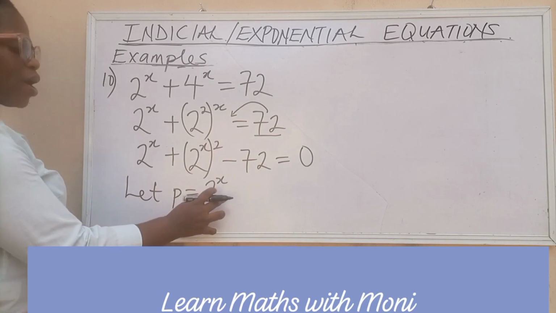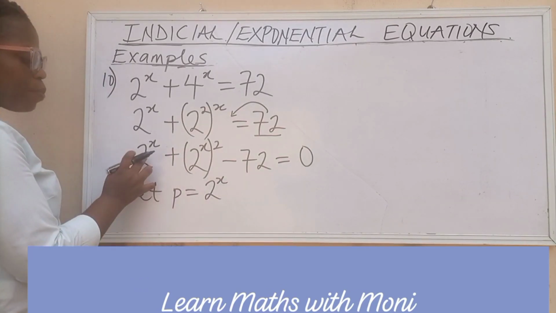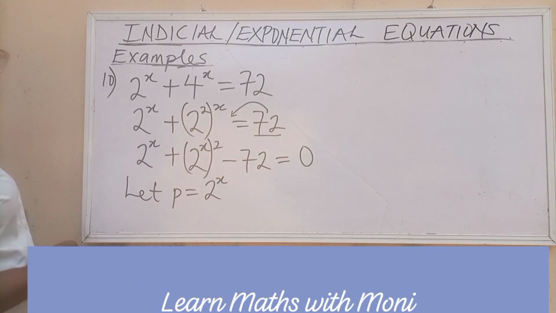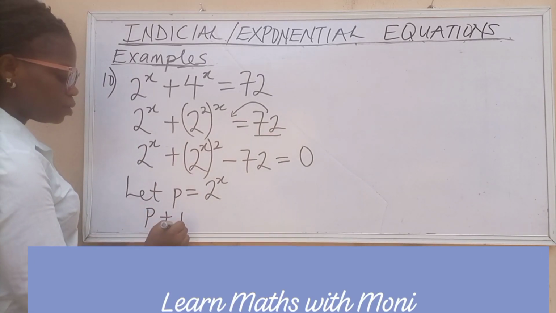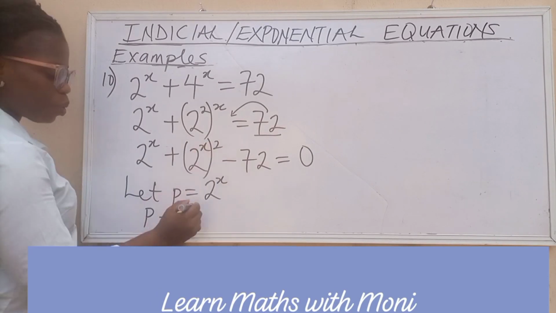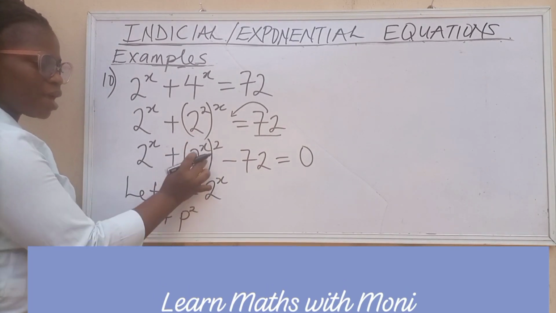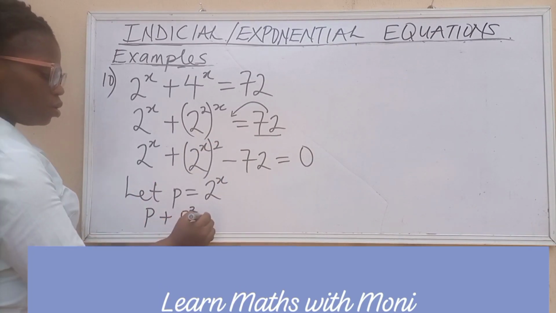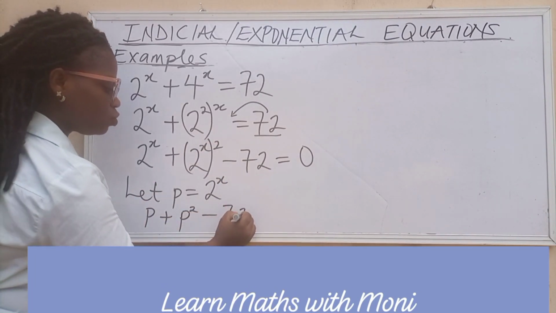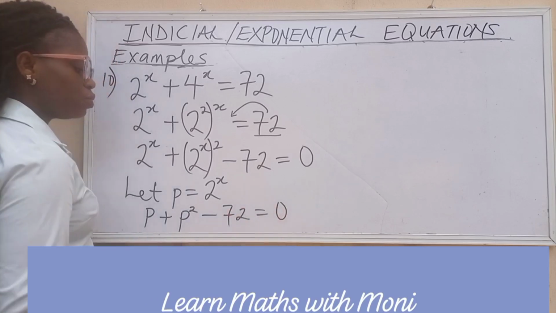Anywhere I find 2 raised to power x, I will represent it with P. So that I have P plus P raised to power 2. The entire 2 raised to power x is P. Then it's raised to power 2 minus 72 equals to 0.